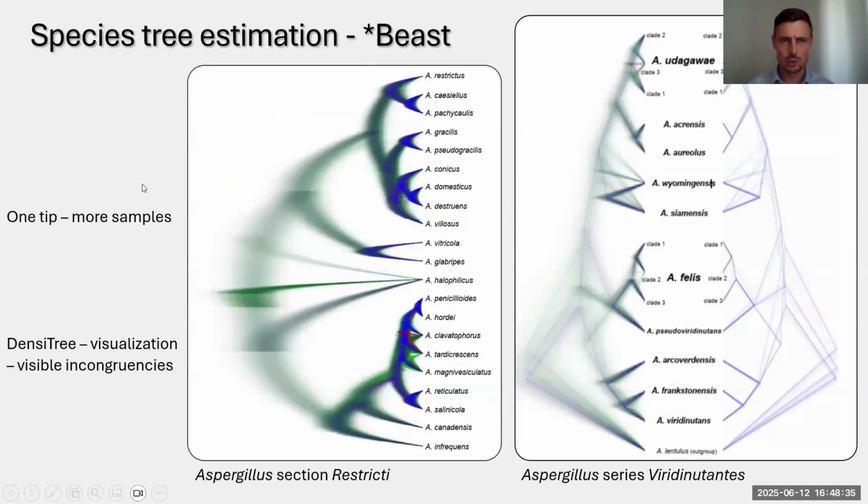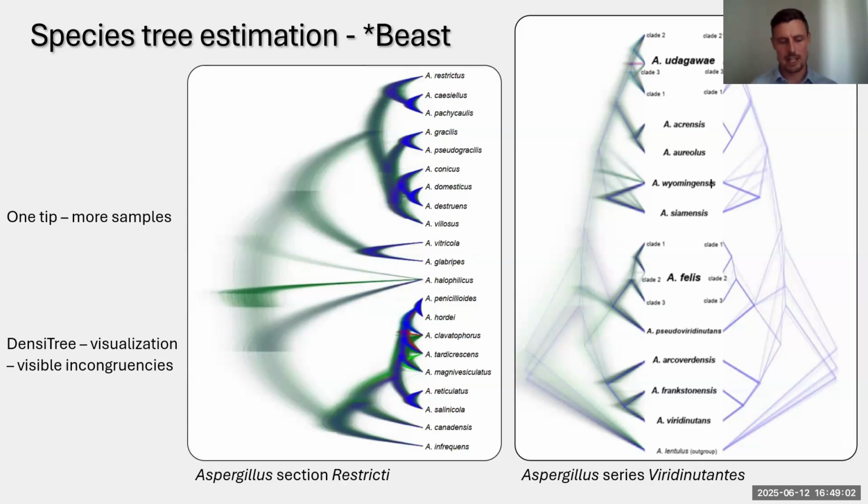So moving on to the second step of the analysis, which is quite straightforward. This is called species tree estimation, and there is more or less just one tool that is used almost always, called StarBeast.